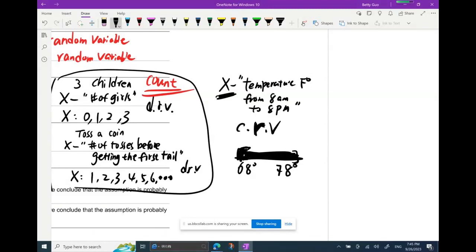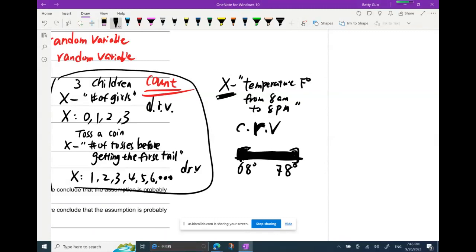Because when the temperature changes, it cannot jump. It has to change gradually, continuously. In this case, x assumes any value in an interval. When the variable could assume any value in an interval, that random variable is a continuous random variable.